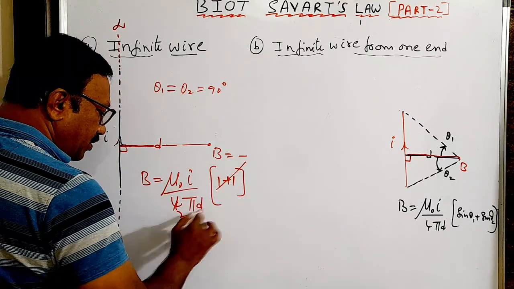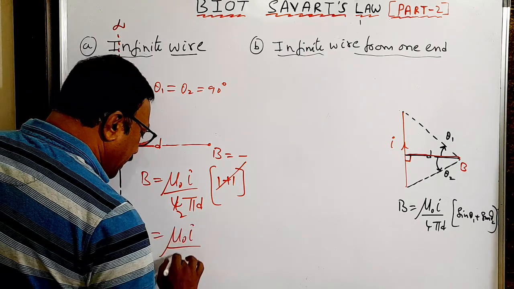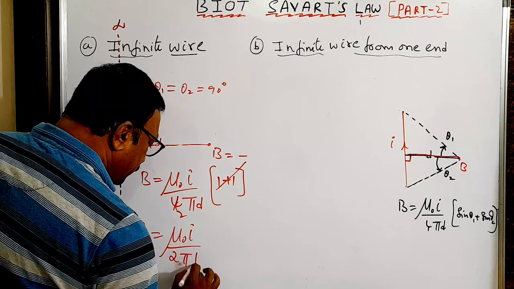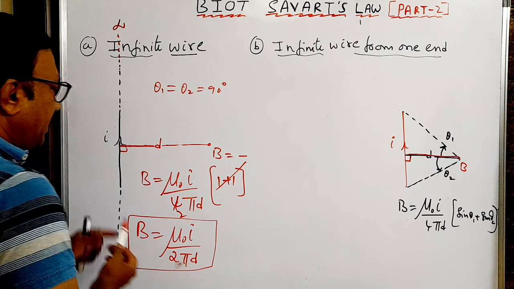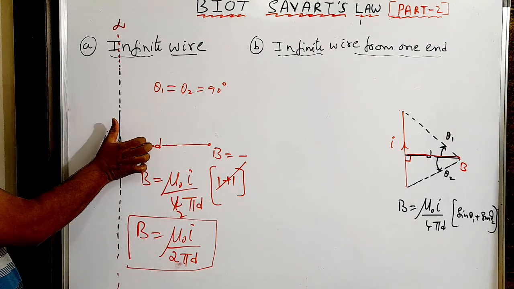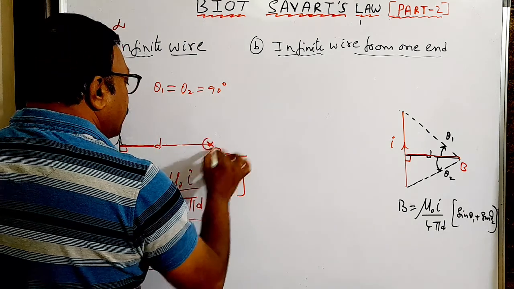So the magnetic field is mu naught I by 2 pi D. The direction of the field is inward, because this is the direction of current and applying the right hand thumb rule, the magnetic field is inward.